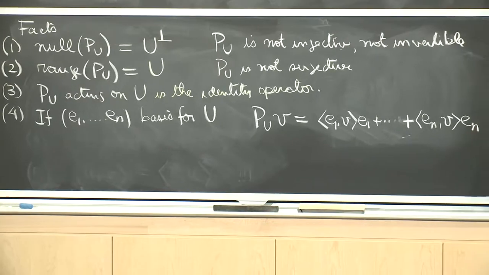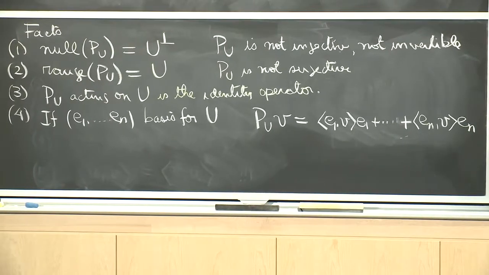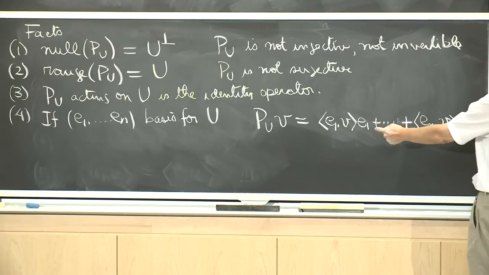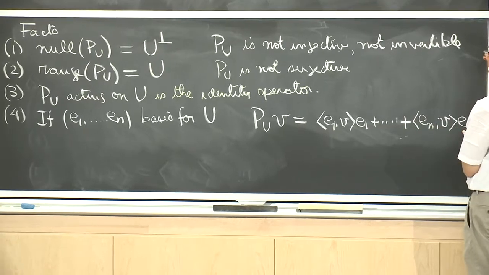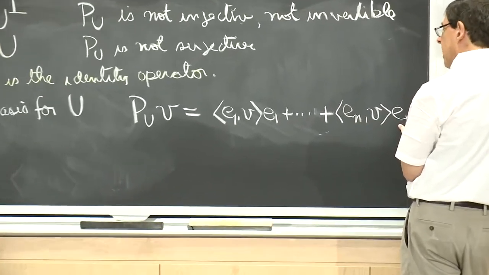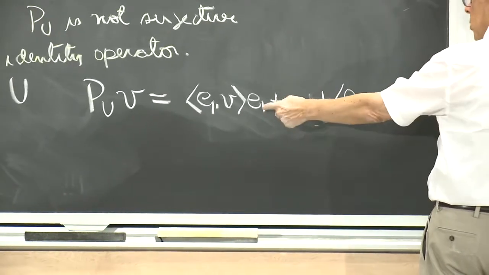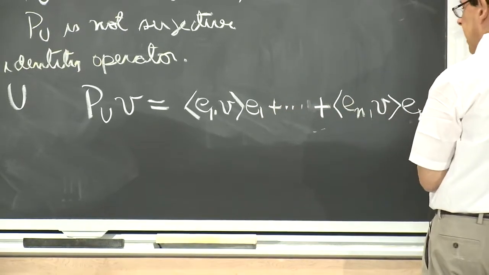Maybe this requires a little clarification. Certainly, you see that the result is in U, as it should be, because you're projecting down to the space U, because it's a sum of e_i's.